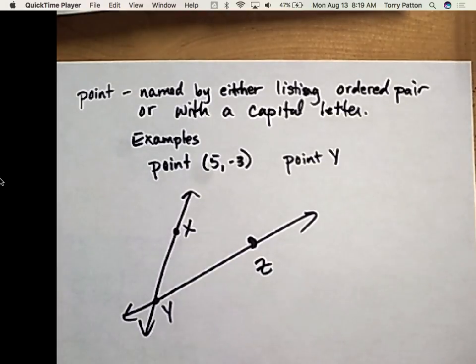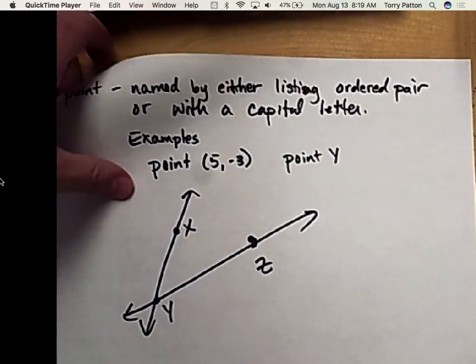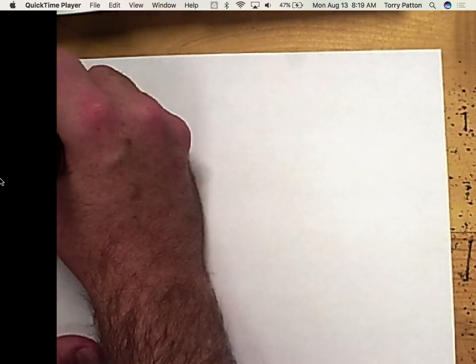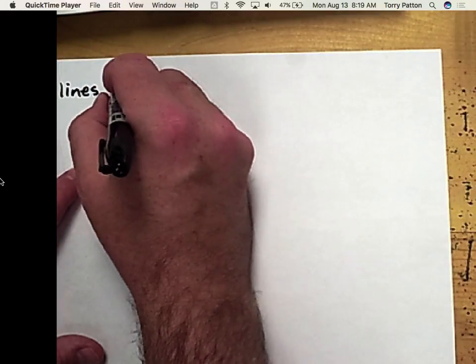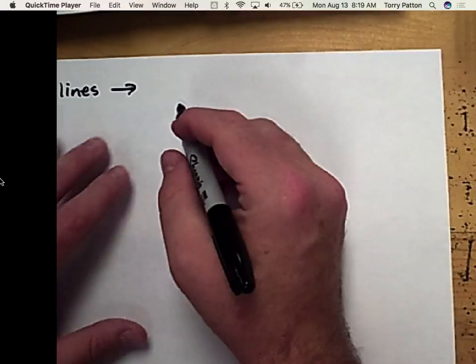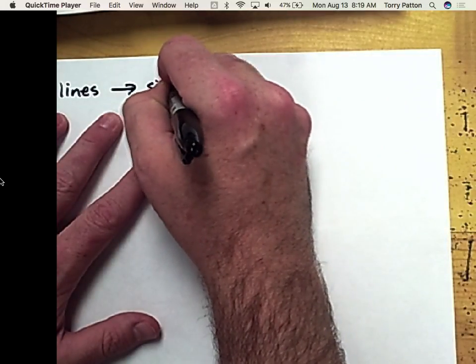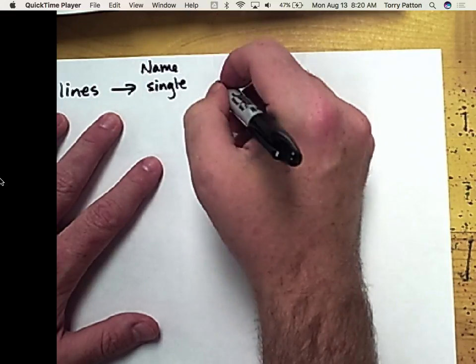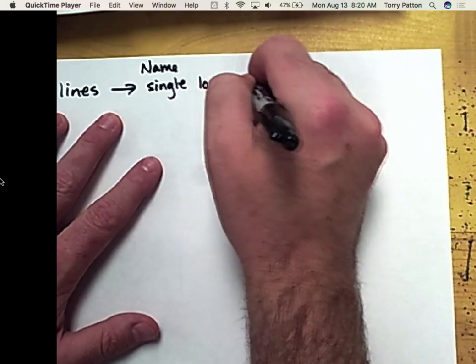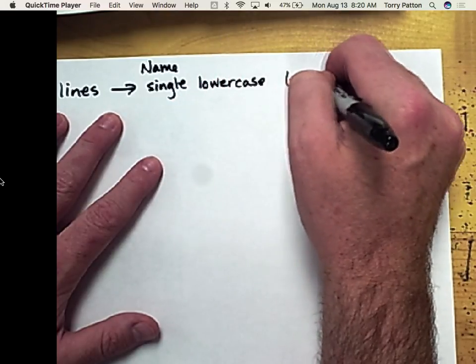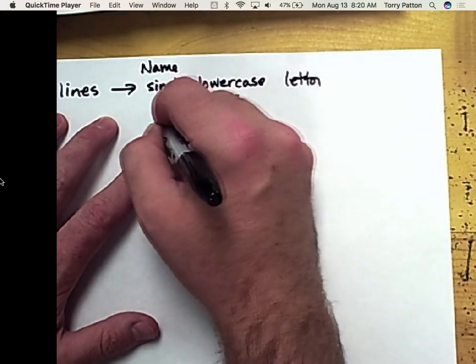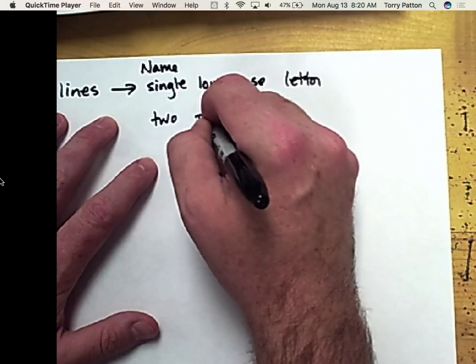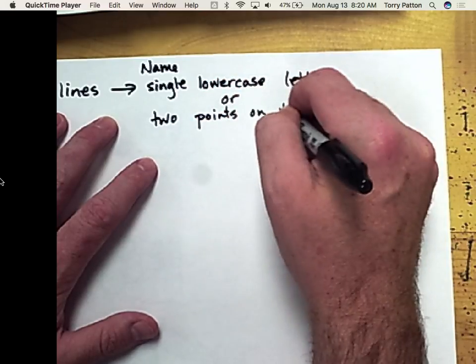Lines, there's two ways to name it. You can name it with a single lowercase letter or by 2 points on the line.